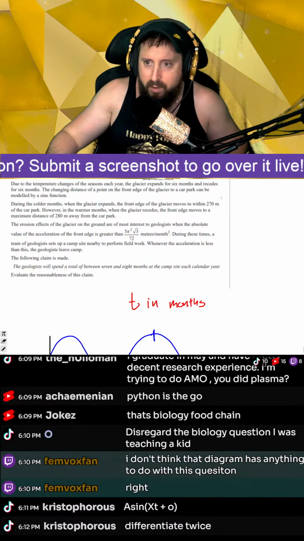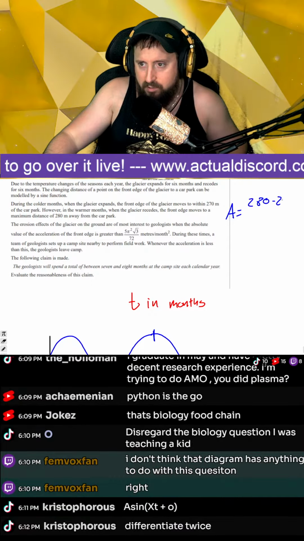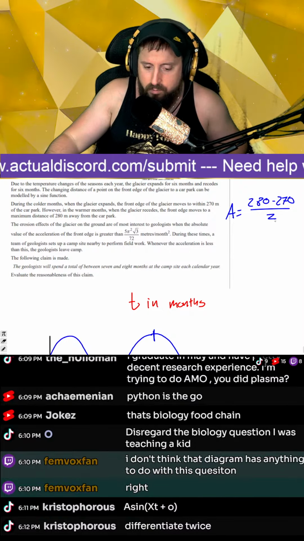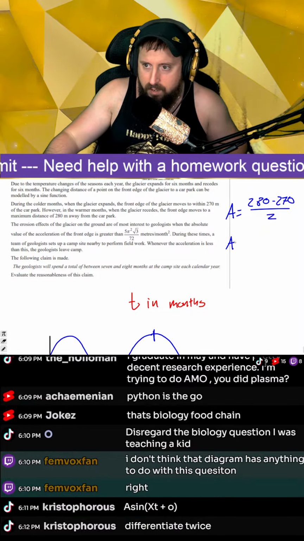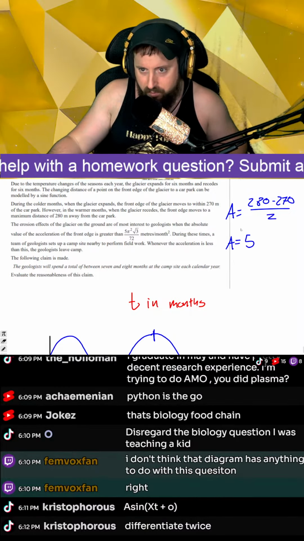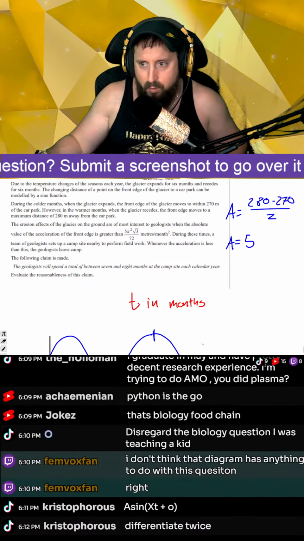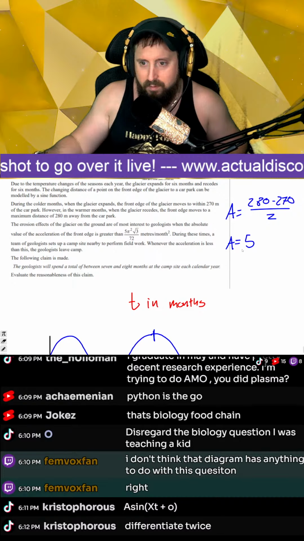Okay. But anyways, amplitude is equal to 280 minus 270 all over 2. Right? So A is equal to 5. That's the amplitude. The midpoint is 275. I don't know how we say that. We say like B. Let me write what it is.